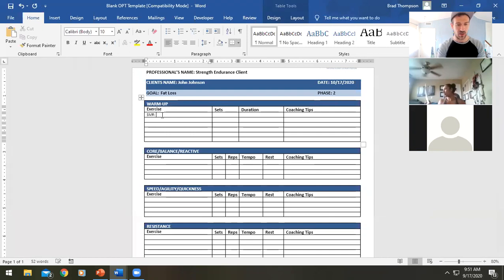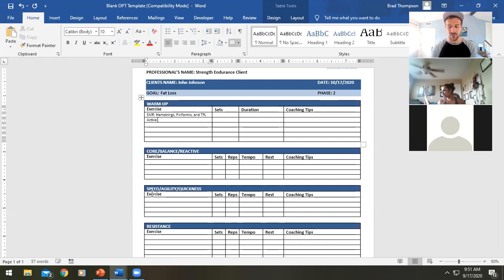I'm going to SMR hamstrings, piriformis, and TFL. And then I'm going to do active versions of all of those stretches.